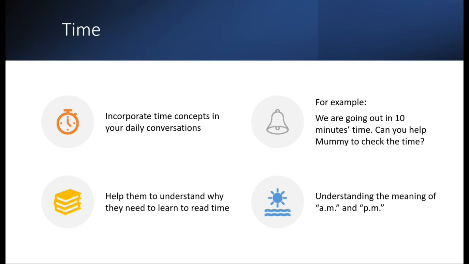So before 12 noon, it's AM, and after 12 noon, it's PM. So after that, you could go about discussing the activities that you do before midday, which is AM, and what are the activities that you do after midday, which is PM. Or you could ask them, do we eat lunch at 12:30 a.m. or do we eat lunch at 12:30 p.m.? So that will help them to have a better understanding about AM and PM.